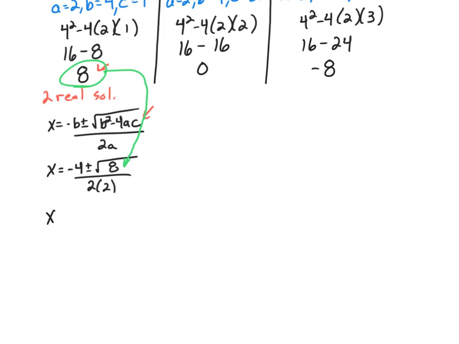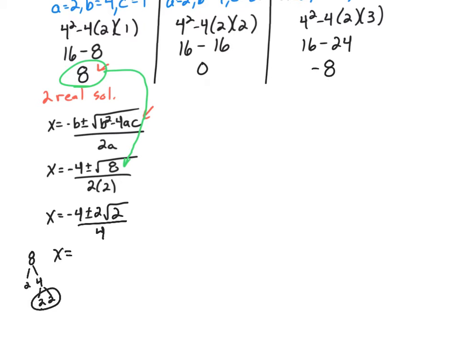So I have x is equal to negative 4 plus or minus the square root of, and to give myself a little more space, I'm going to break 8 down. So 8 breaks down to 2 and 4, 4 breaks down to 2 and 2, a pair of 2's. So that gives me 2 square root of 2 all over my denominator, 2 times 2, which is equal to 4. And then from there, I'm going to separate the rational part of the problem from the radical.